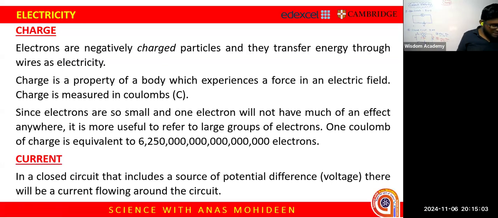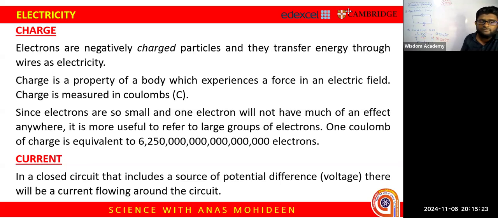We told you electrons are what we have here. These electrons are negatively charged particles, so they can transfer energy throughout the wire. This energy is electric energy. Electrons are negatively charged particles and they transfer energy throughout the wires as electricity.